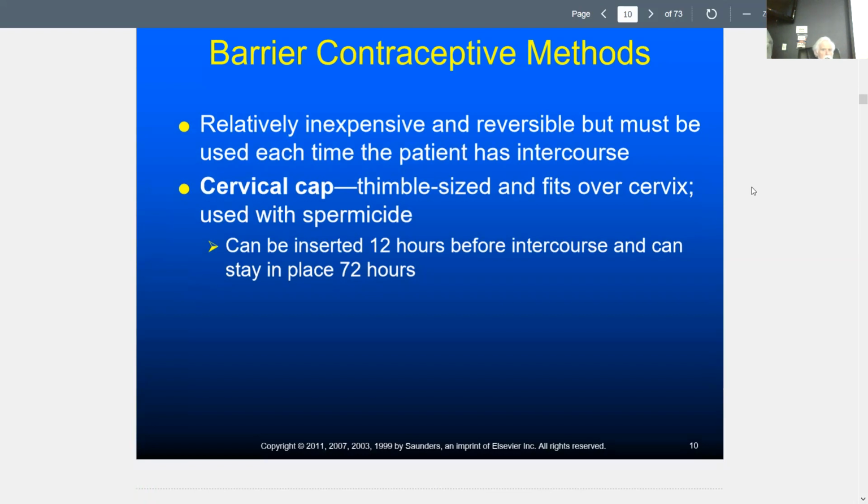They're pretty inexpensive overall, and they work pretty well. And in fact, there are times when you will be required to use two methods of birth control, one chemical method and one barrier method.